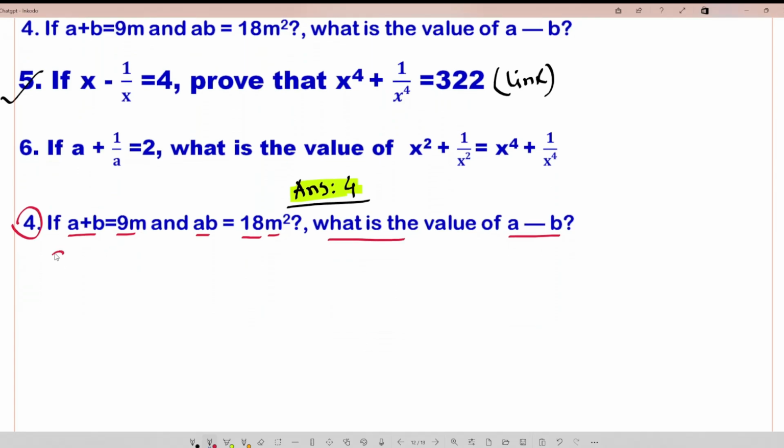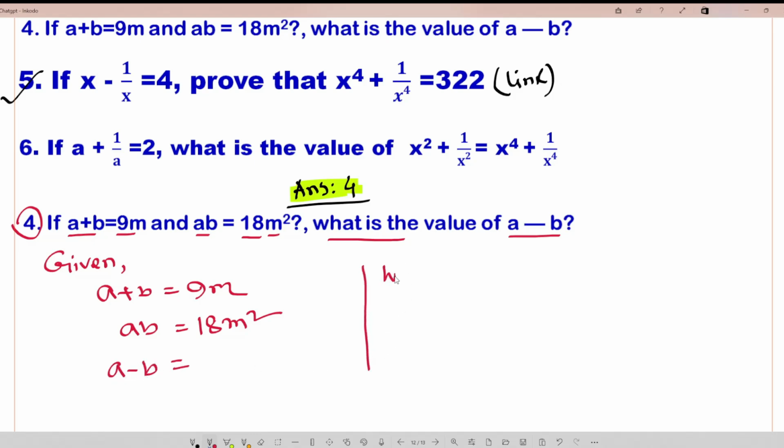So here is given a plus b equals 9m, ab equals 18m square, and we have to find out the value of a minus b, right?